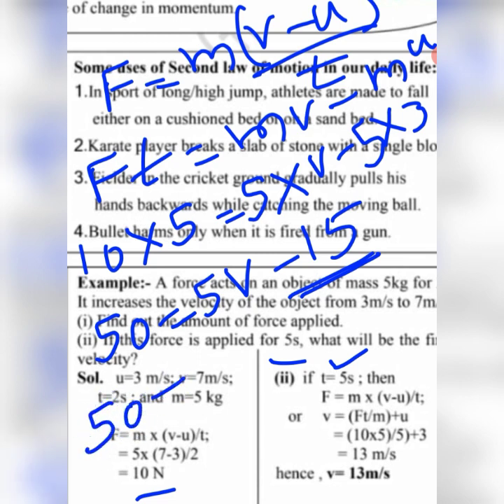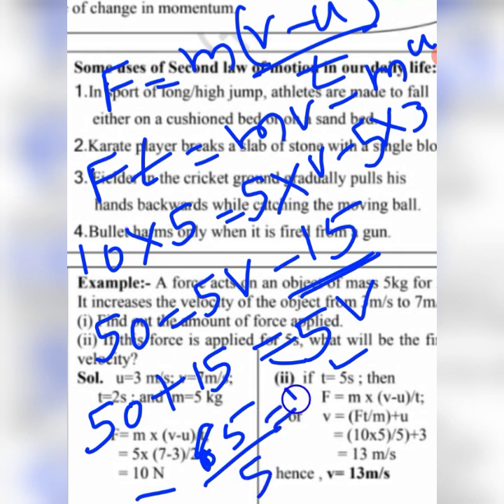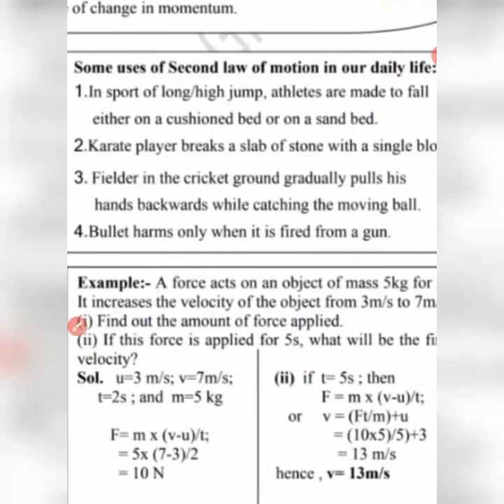So 50 plus 15 will be equal to 5v, or this is 65 upon 5 will be equal to v, and v comes out to be 13 meter per second. So in this way we can calculate the final velocity. So hope students this must be clear.